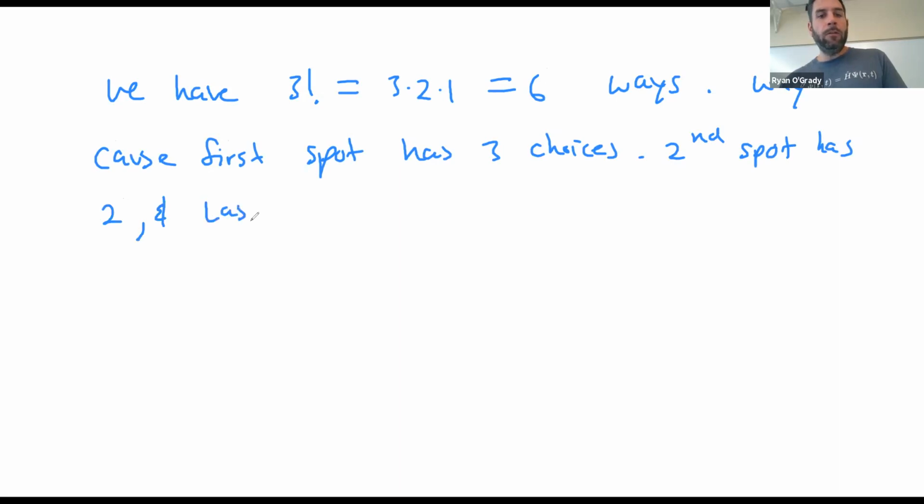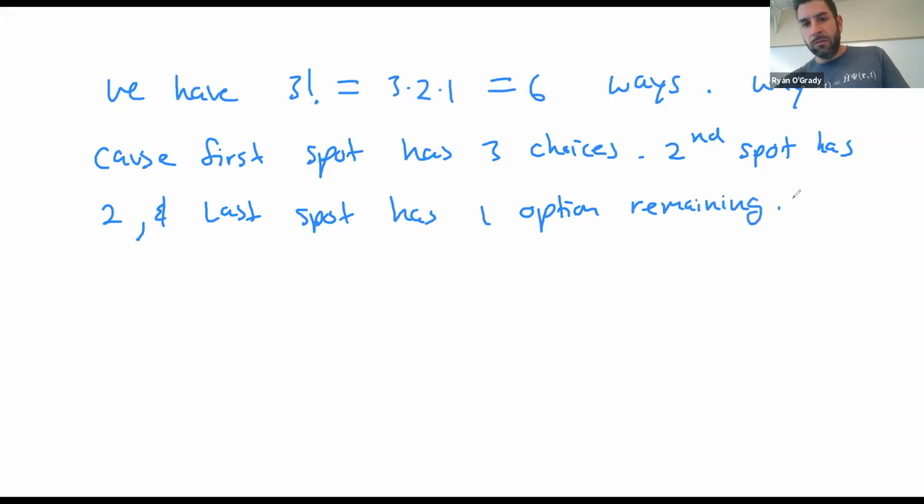And last spot has 1 choice or 1 option remaining. So if you wanted to list these, you could. There's 6 of them. We did this with the letters, I think cat, I think we did it the other day. It's worth doing it again.